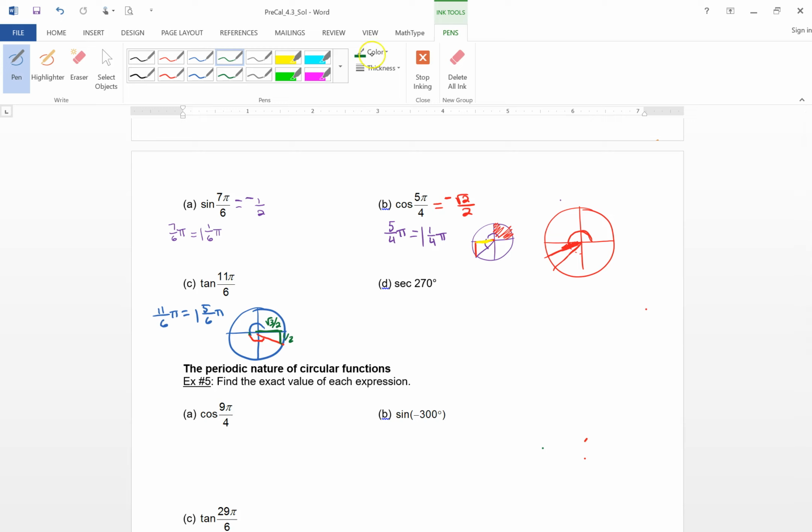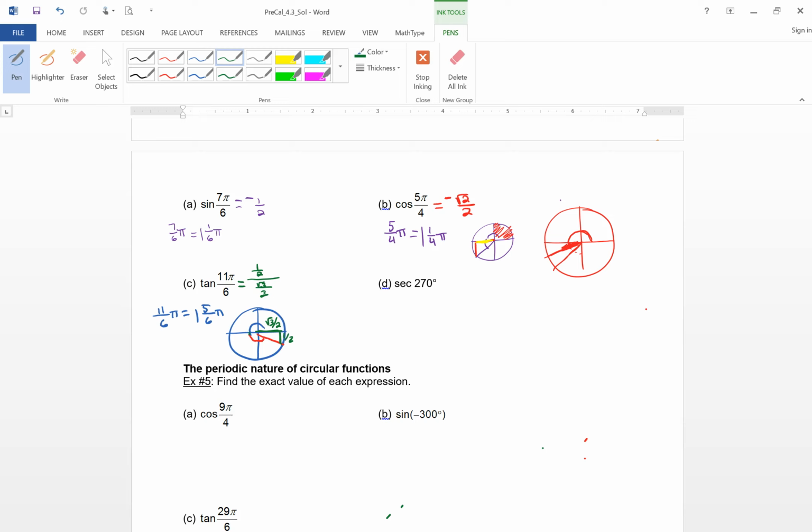Now, for the tangent, I have y over x. So it's the vertical over the horizontal. The vertical side is a half. The horizontal side is root 3 over 2. Vertical over horizontal, because the formula for tangent is y over x.